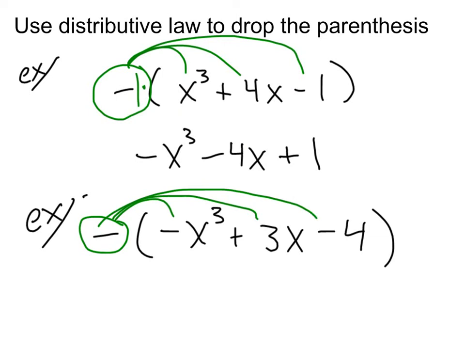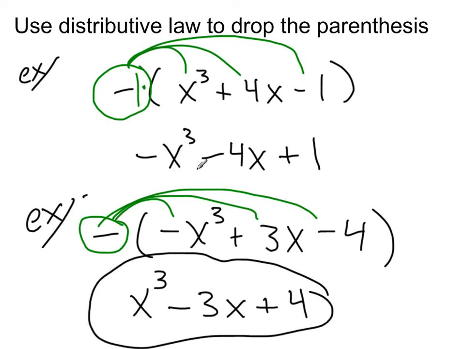And just make sure you distribute it to every term. A negative times a negative gives us a positive x cubed. You don't need to write positive in front since it's the first term, we know it is. Negative distributes to the positive, so now that becomes negative 3x. And then a negative times a negative is a positive 4. And then we're good.